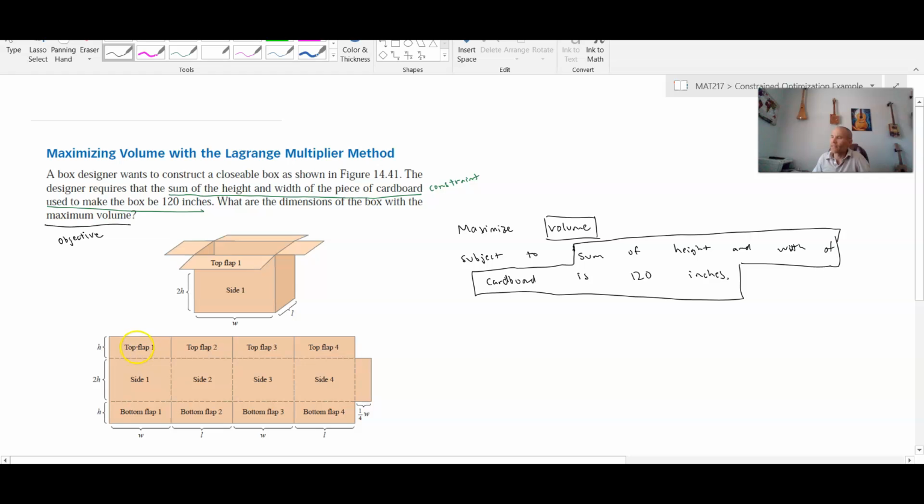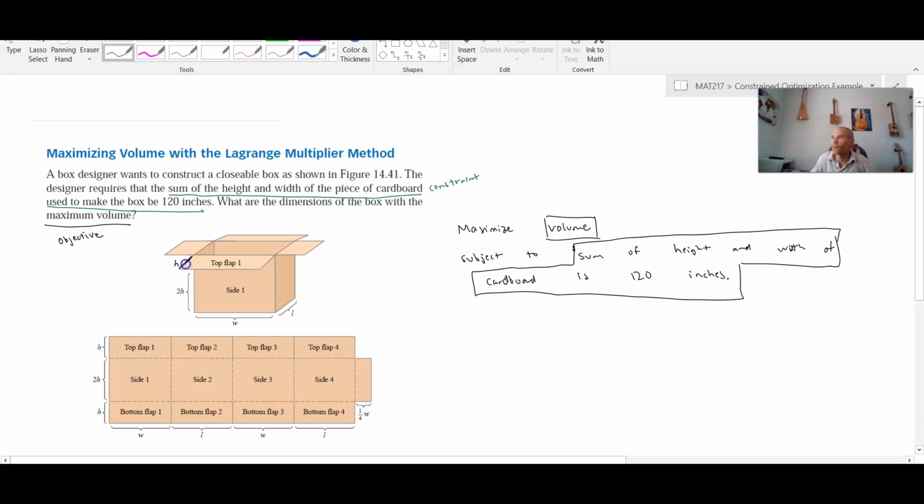Well, if we look at the box kind of unfolded in its most raw form, this is the shape of it. And it actually turns out that these flaps right here, these top and bottom flaps, are all going to have a width of h.